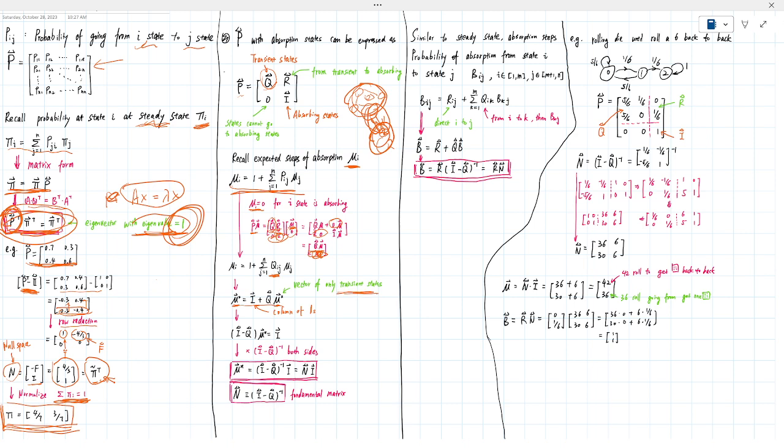We have this equation in vector form, and we put this on the left side and multiply by the inverse on both sides. Then we end up having the expected steps equal N times the vector of ones, where N is the fundamental matrix, I minus Q inverse.